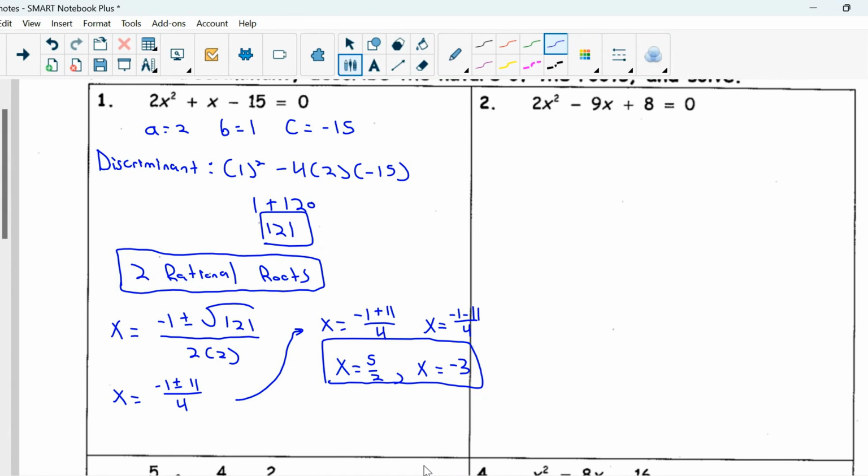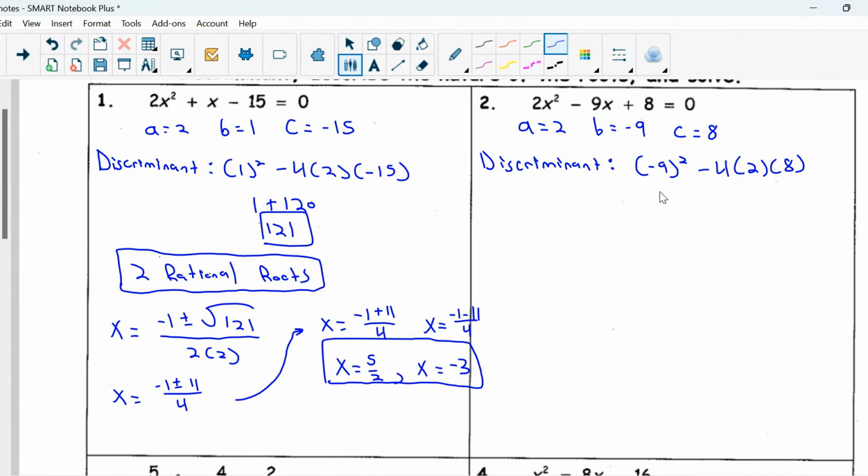So let's take a look at one more example, and we will save the other two for class. So looking at number 2, let's do the same exact process. So once again, we have our a value, which is 2, our b value, which is negative 9, and our c value, which is 8. Okay, so solving for our discriminant, we have b squared, so negative 9 squared, minus 4ac.